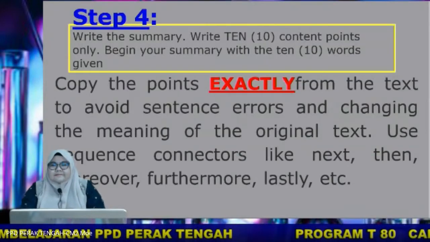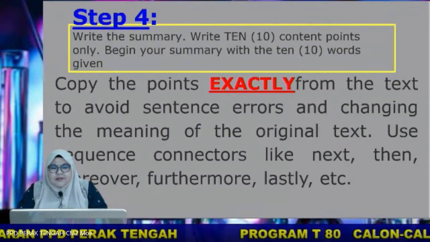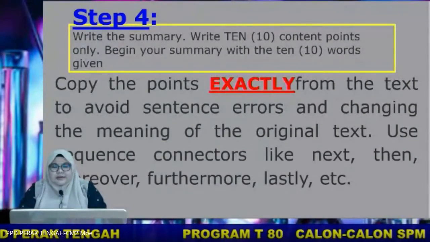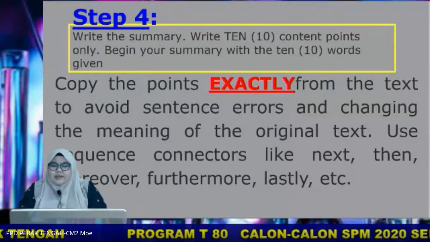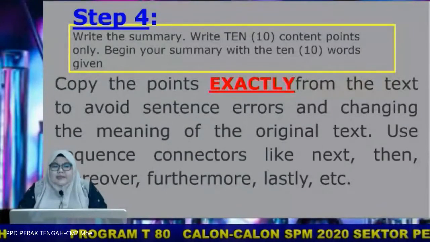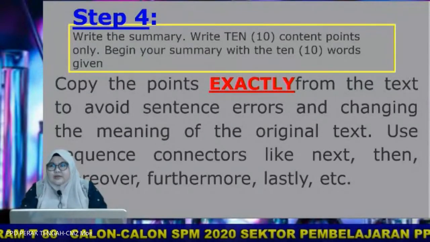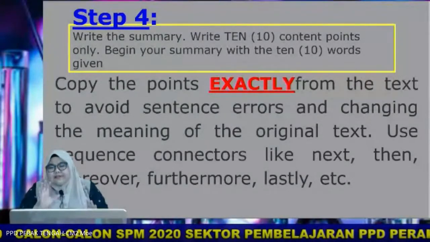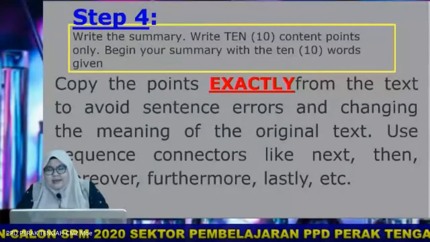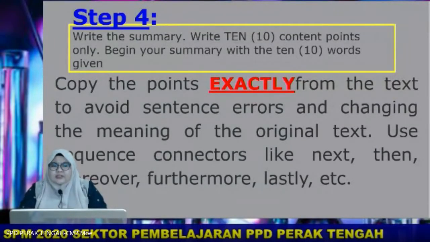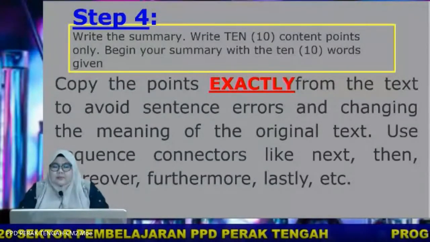All right. Next, step 4. Write the summary. Write 10 content points only. Begin your summary with the 10 words given. For the marks allocation for the summary, we have 10 points for content and 5 points for language, so the total will be 15 marks.